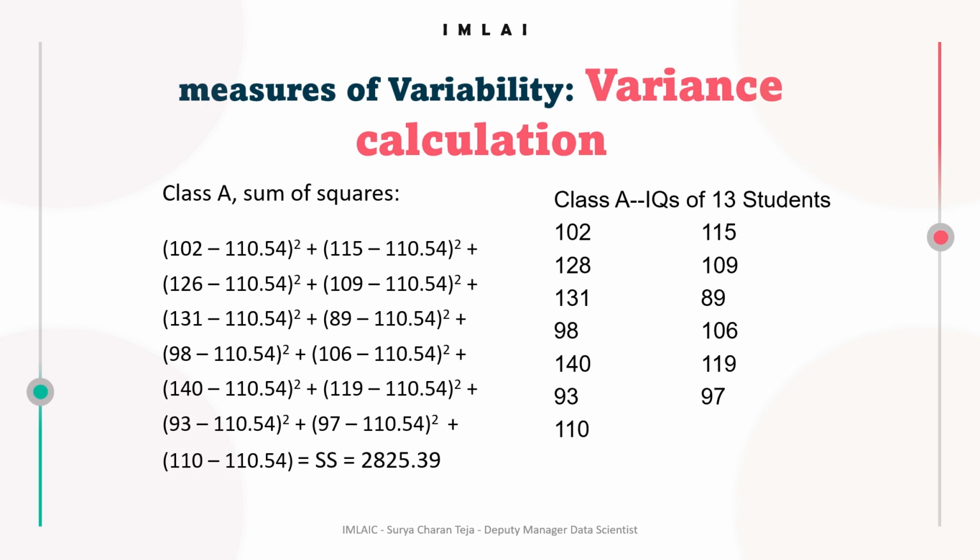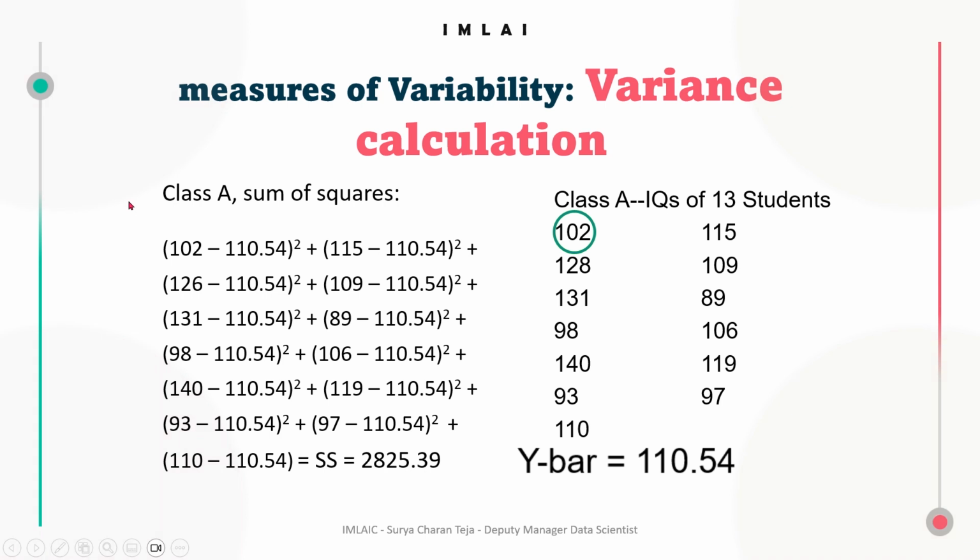First we need to calculate the deviation of each individual. Once you have the deviations, to suppress the negative values, we square them. Once you square all the individual deviations, you add them together. Here y bar is 110.54, and the first individual is 102.